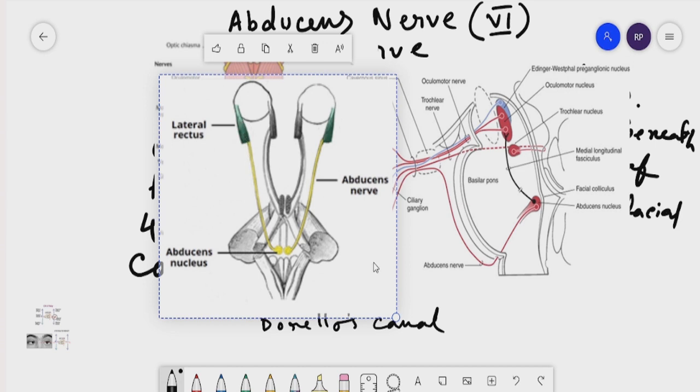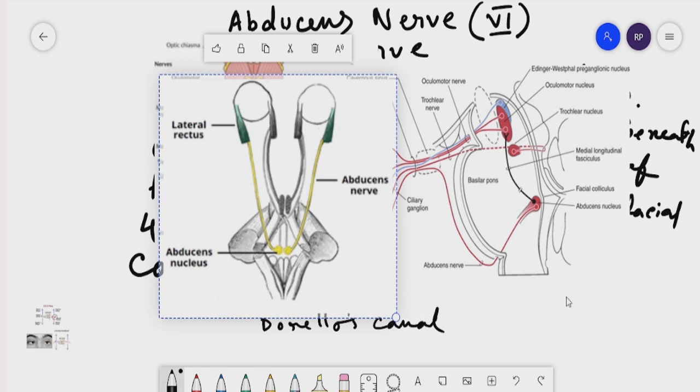So what is the function of the lateral rectus muscle? When you look laterally, due to the movement of the lateral rectus muscle, we can look laterally, that is, towards the head side. When our left eye looks laterally, the right eye moves medially, that means towards nose.